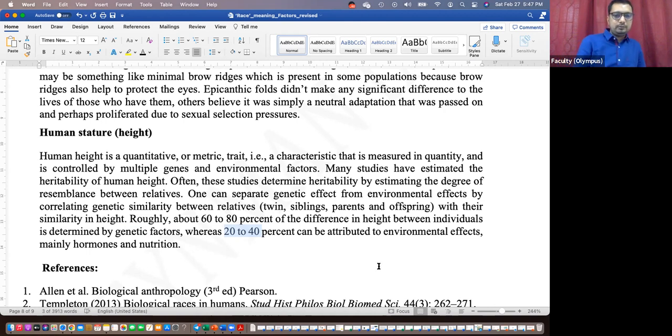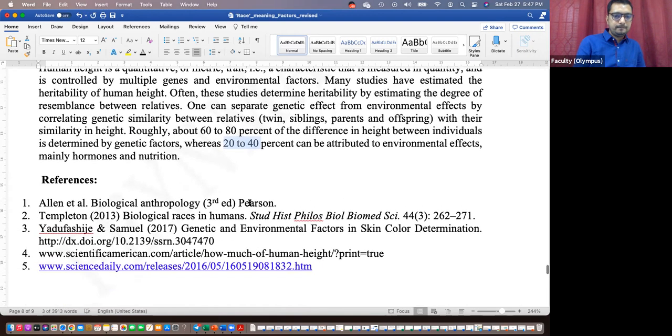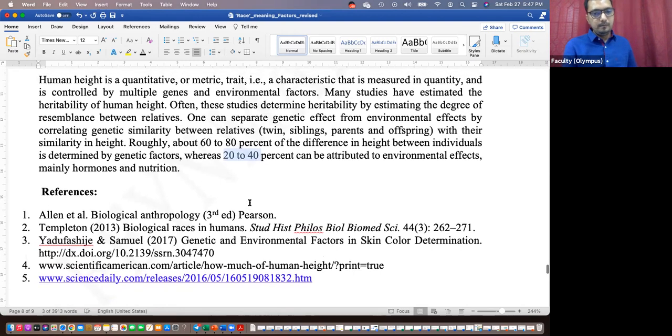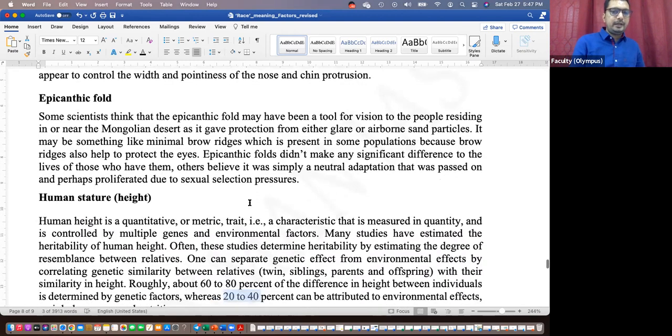The last one is the epicanthic fold. I think I also briefly talked about this. The epicanthic fold seems to have evolved as a tool for vision in people residing near the Mongolian desert, thereby protecting either from the glare, because normally in the deserts you will have that reflection of light, or from the airborne sand particles.